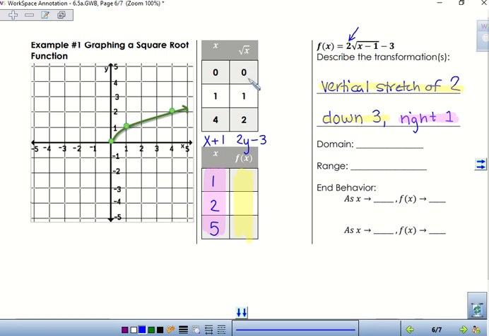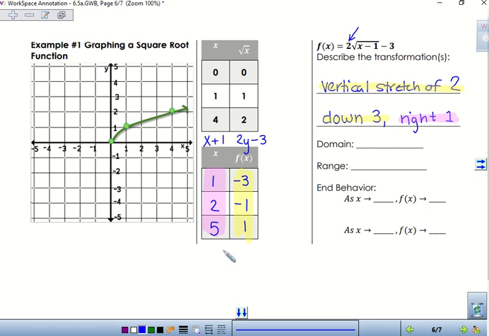So 0 times 2, 0 minus 3, good. 1 times 2, 2 minus 3, good. 2 times 2, 4 minus 3, 1.